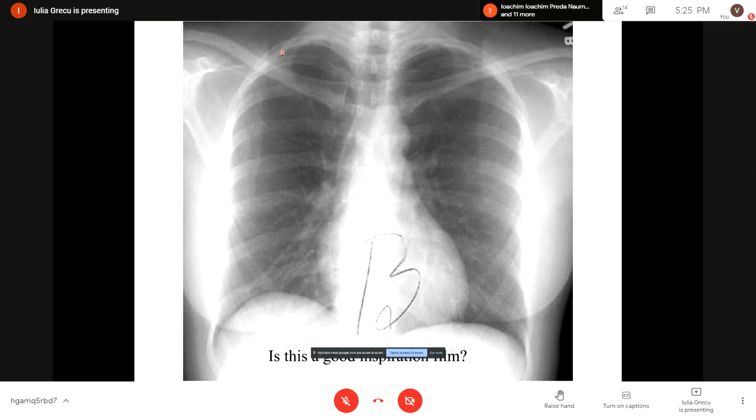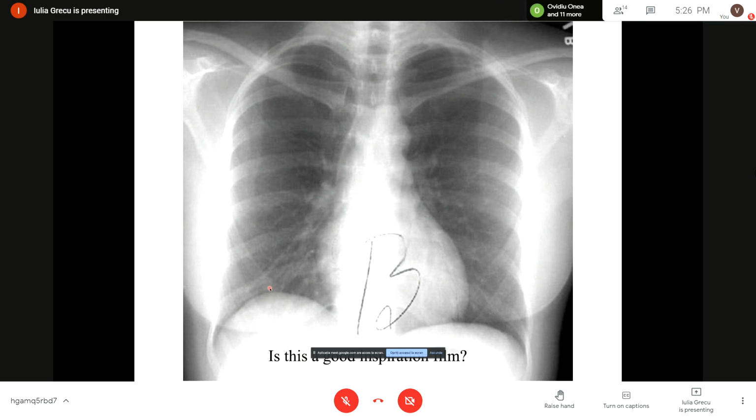So this is the first rib, this is the second rib, and so on and so forth. We count them all, and to say that the inspiration was complete, we have to find the 6th anterior arch of the rib that will cross with the diaphragm in the middle.